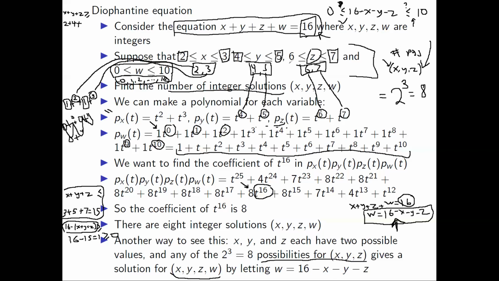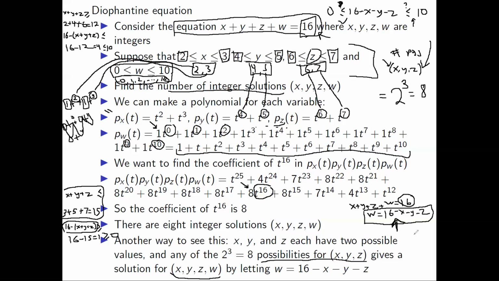And the z is at least 6, so we'll put the 6 right there. We add them up, we get 12. So x plus y plus z is at least 12. That means that 16 minus x plus y plus z is going to be less than or equal to 16 minus 12, which is equal to 4. And that's clearly less than or equal to 10.